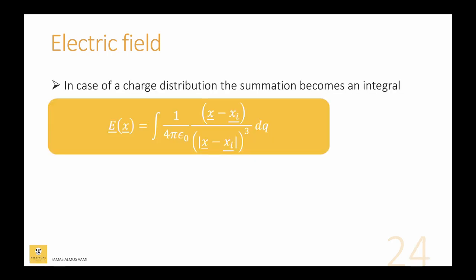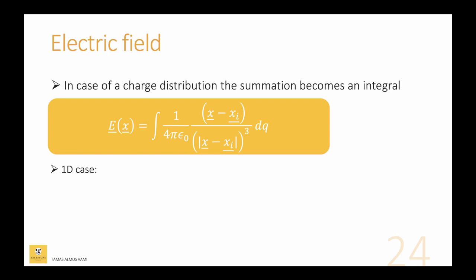In case you don't have discrete charges that you can just sum up, but you have a continuous distribution of charges, then this sum will become an integral. So you are integrating over the charges, and a little charge is going to be called dq, and then you calculate this value.